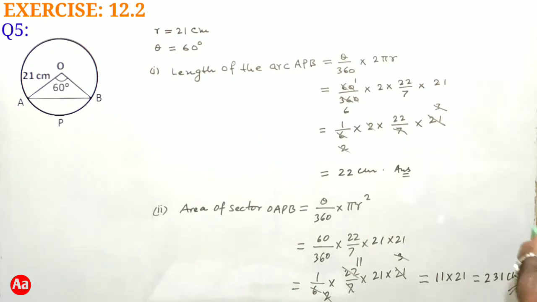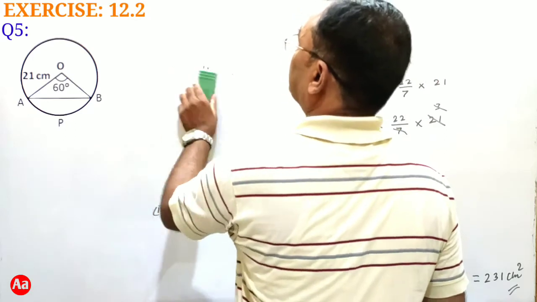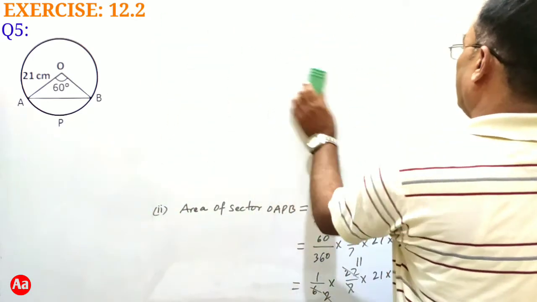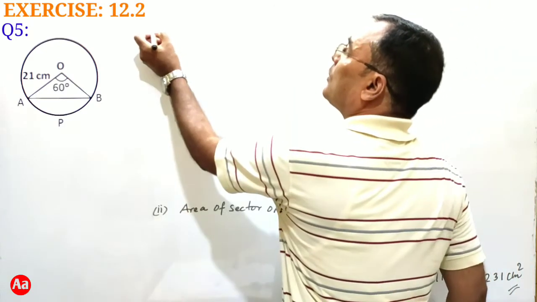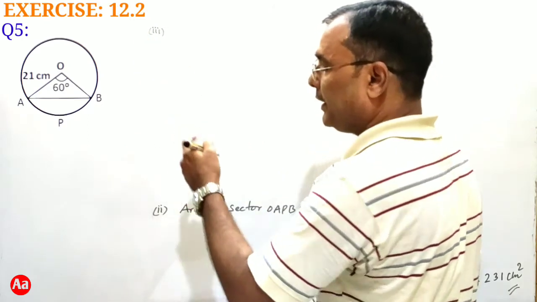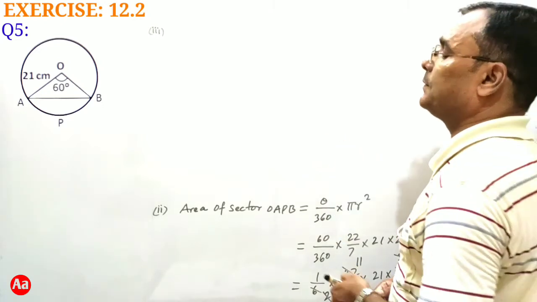Now third part. In the third part we will find the area of segment APB.